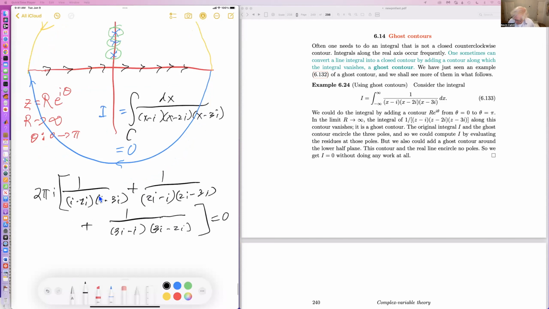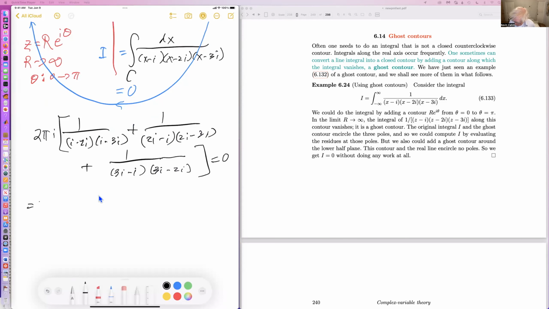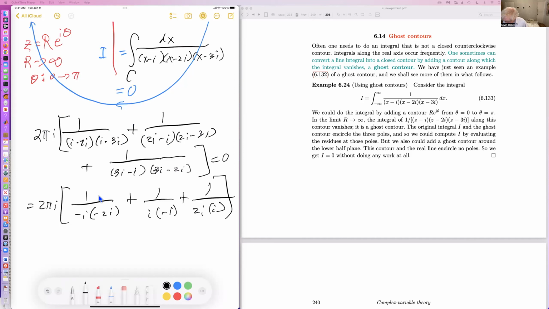On the other hand, maybe I should actually show you that explicitly. So this is 2 pi I times 1 over (minus I)(minus 2I) plus 1 over (I)(minus I) plus 1 over (2I)(I). For the first one, the minus signs cancel, the i's give us a minus 1, so this is minus 1/2.